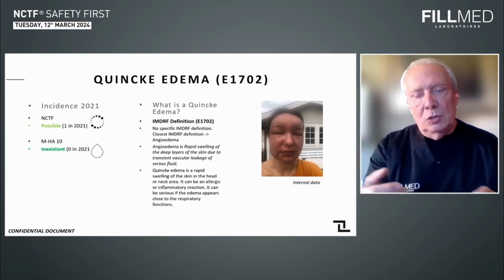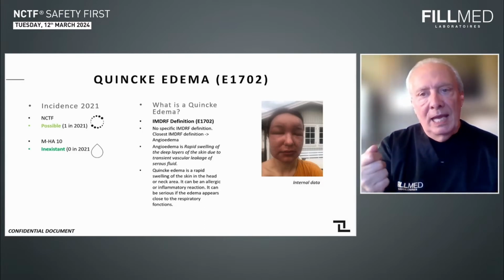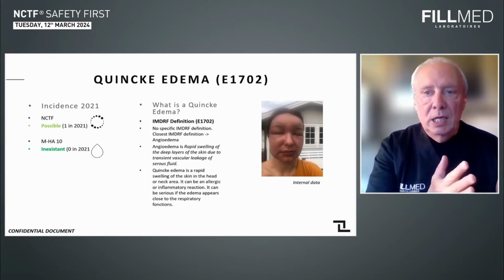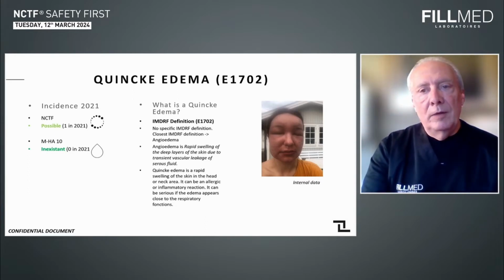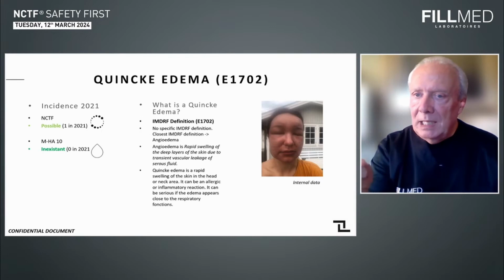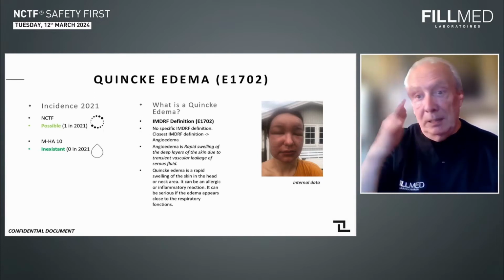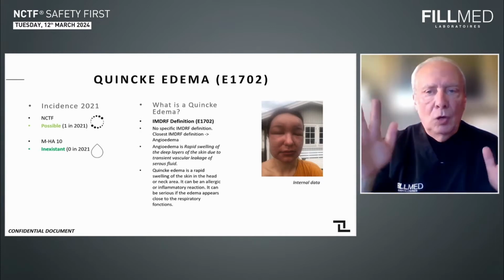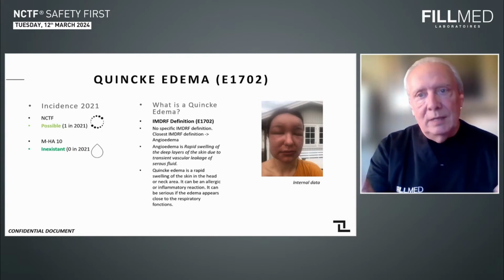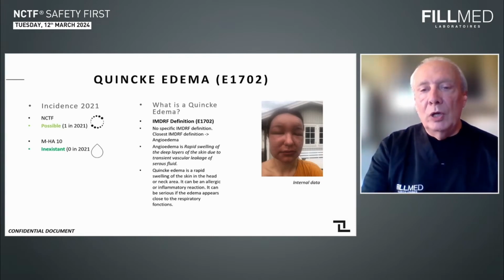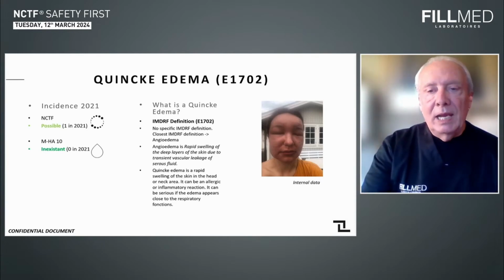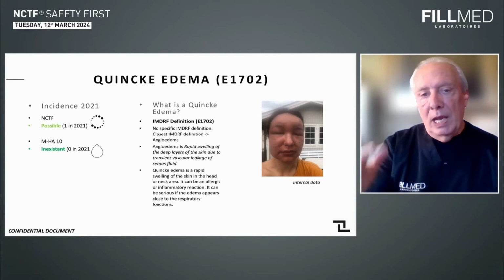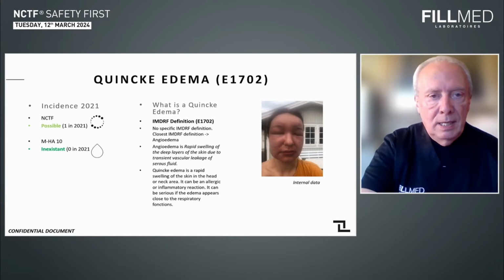For this reason, you must have a safety kit in your clinic immediately: the cortisone, and maybe also adrenaline. All of these must be ready immediately in your office to avoid it escalating to a worse level.